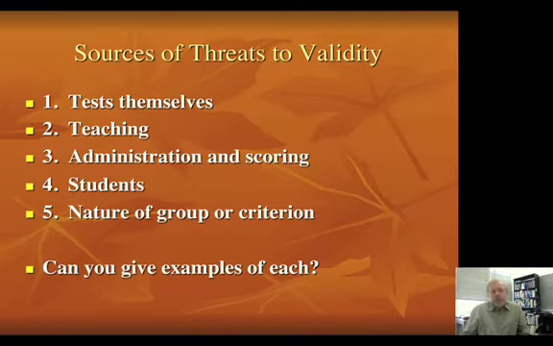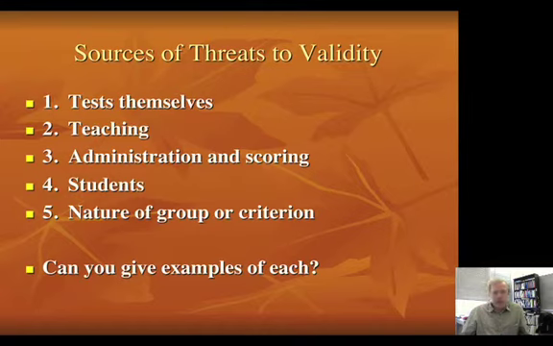So, what are some of the sources of threats to validity? Threats to validity are all of those things that undermine the validity of our inferences from our assessments. Tests themselves are a threat because tests are an artificial experience that students are expected to engage in, to measure something that we're going to believe is real.